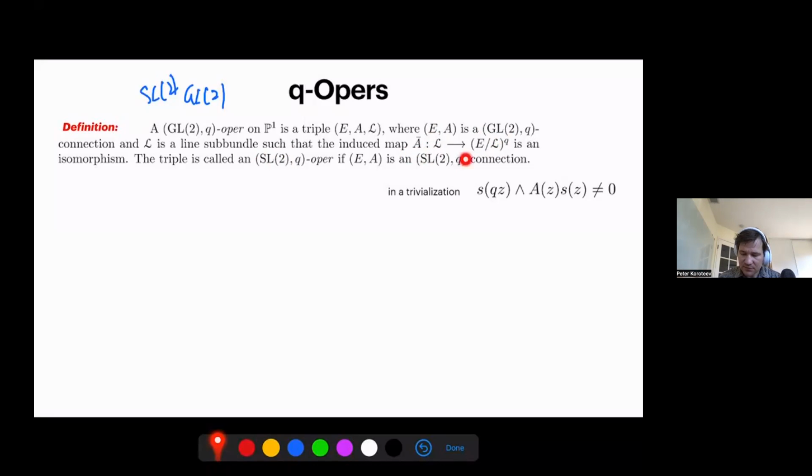Now, first of all, what does this condition mean, and how to write it down? Let's pick a trivialization. So if a section S generates the sub-bundle L, then we can do two things with S, as we discussed before. We can make a q-shift, or we can act on it with the matrix A(z). Now, this condition tells us that these two vectors are linearly independent.